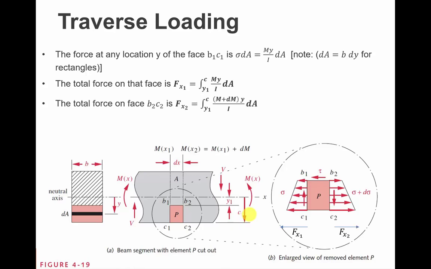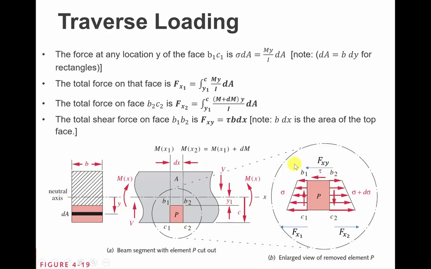Okay. Repeating the same process for this other face on the back side now. The only difference is now it's M plus dM, because that's what the moment is on this back side of the face. And then finally, we know that the total shear force on the face, B1, B2, is going to be equal to tau b dx. Okay?